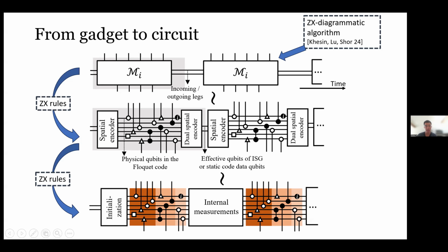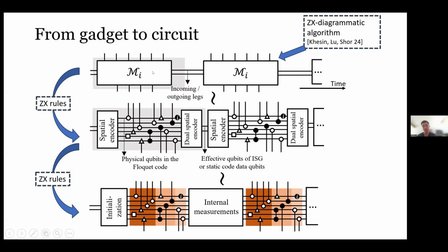The next step is to further use the ZX rules to merge the dual encoder and the encoder in the middle of the circuit, so that it becomes an internal circuit that basically measures all the stabilizers of this encoder. In the end, what you have is a circuit layout of these gadgets.